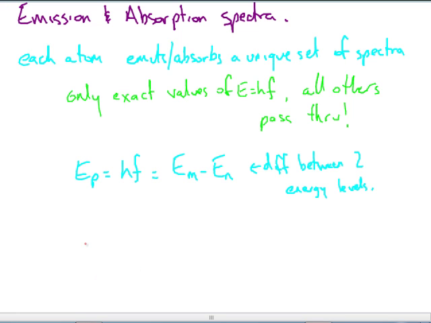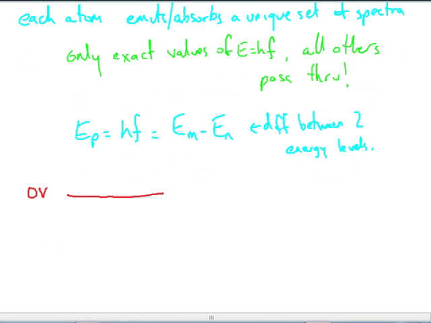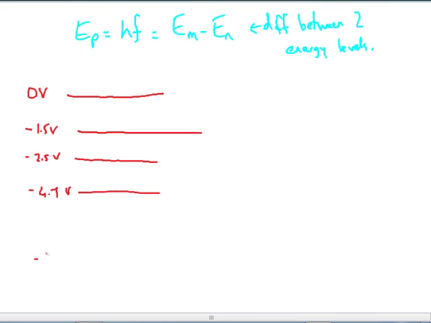Typical questions often give us things like the ionization level, then other shell levels. Let's just make up a few values here, and give us one more, minus 8.3 volts.